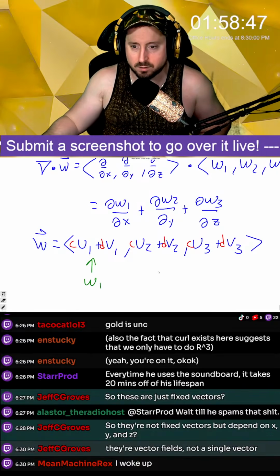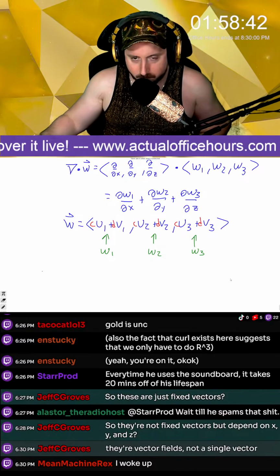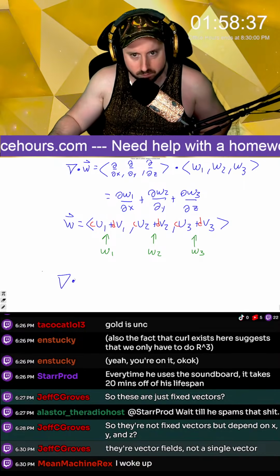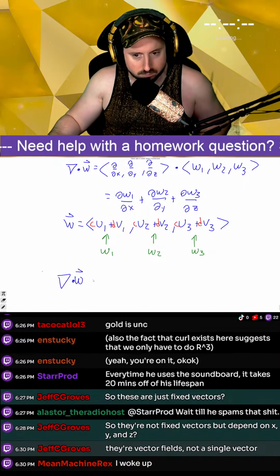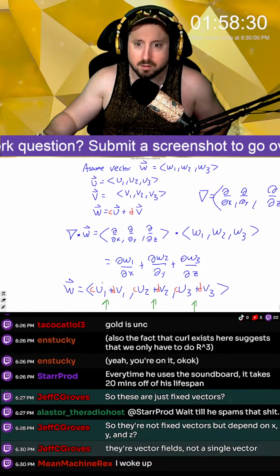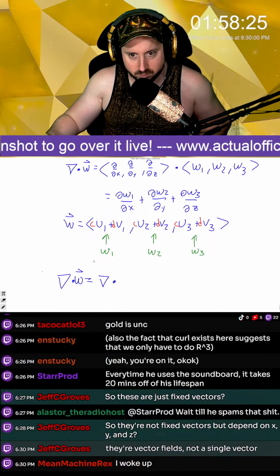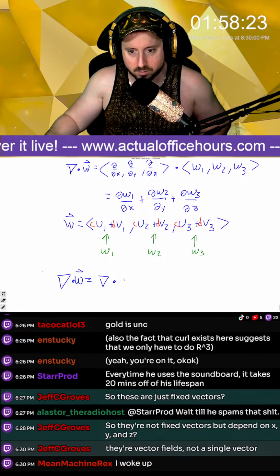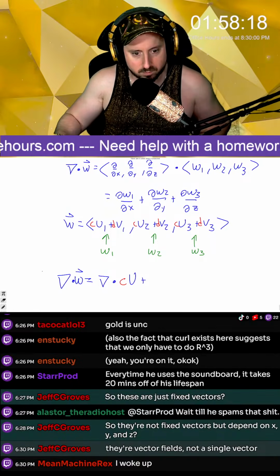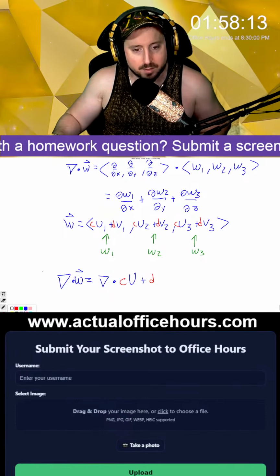This right here is w1. This is w2. This is w3. So div w, which is the same thing here as div of cu plus dv. Let's keep this. We're just going to put it back together. This is Calc 3.